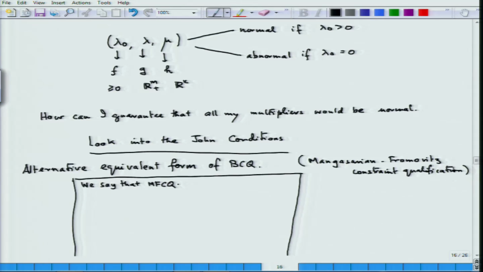So we say that MFCQ holds at x star. Of course, x star is the local minimum or feasible point, I am not repeating that fact.